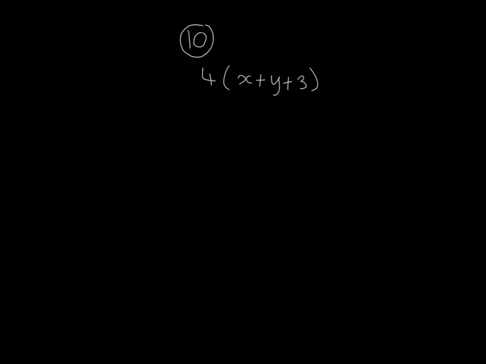We then add that to 4 times y, which is 4y. And then lastly, we add that to 4 times 3, which is 12. So our final answer for question number 10 is 4x plus 4y plus 12.